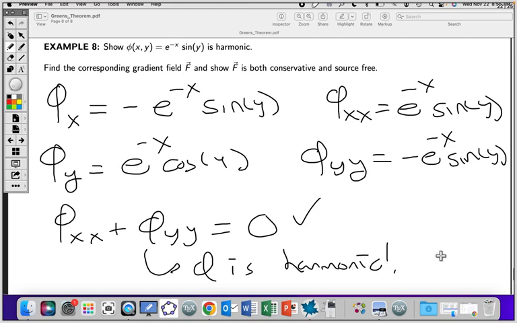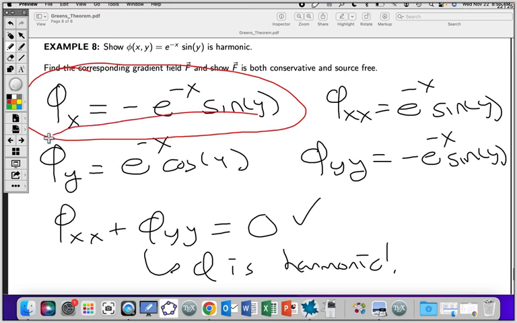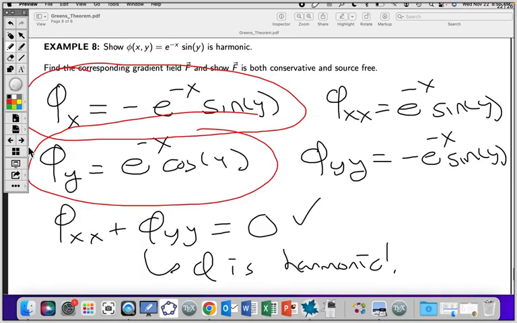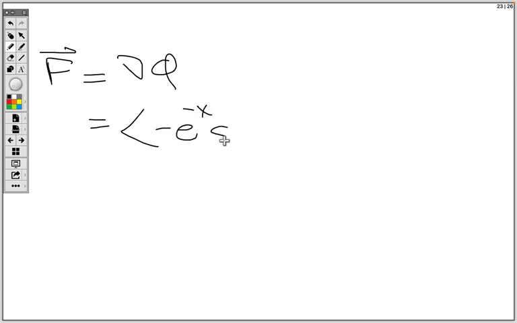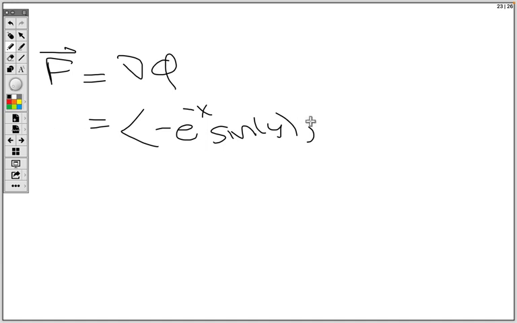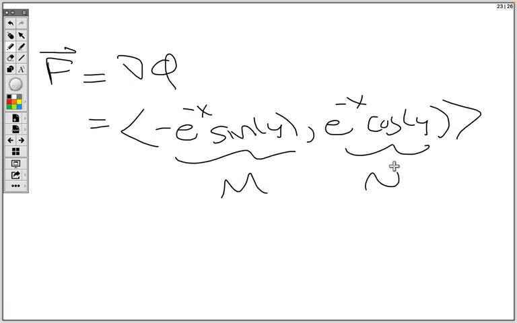So now we look at the corresponding gradient field. So to get the gradient field F, that's just phi x comma phi y. So the field F they're talking about is the gradient field. So that's going to be minus e to the minus x sine of y and e to the minus x cosine y. So there's that. And so I can call this my m and I can call this my n.